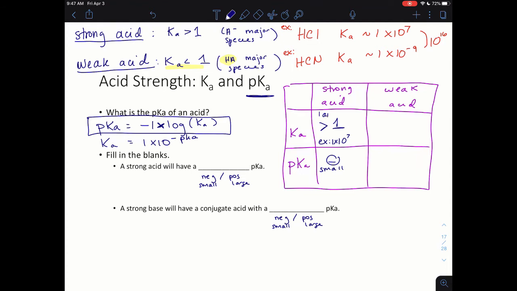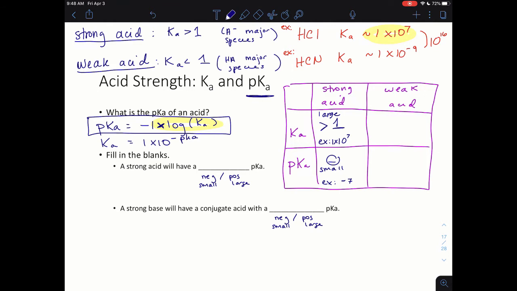So we have a large Ka, we have a small pKa. For example, if we take HCl and do negative 1 times the log of 10 to the 7, that's going to give us a pKa of negative 7. So if you take this Ka and plug it into this equation, you're going to get a negative 7. So a small or negative pKa for a strong acid.